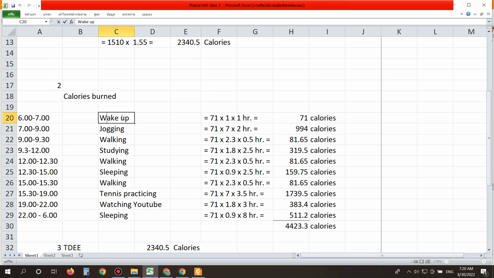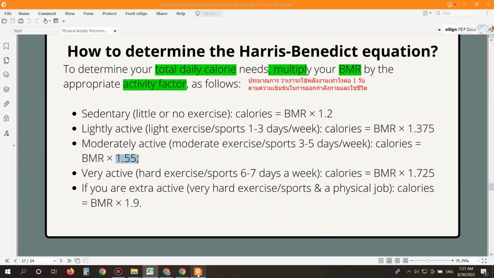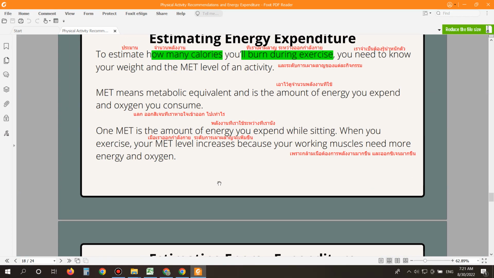When I wake up, I watch YouTube before I do everything. I watch YouTube first. If you watch YouTube, to calculate your calorie burn there is a formula.